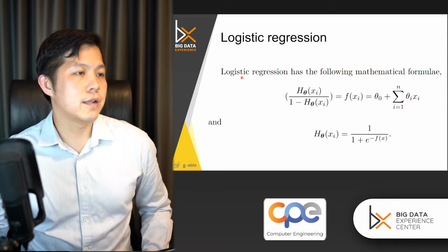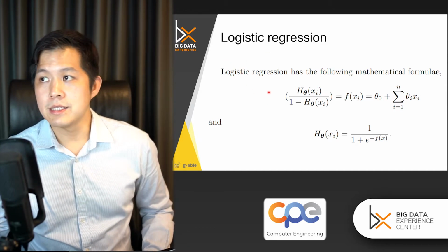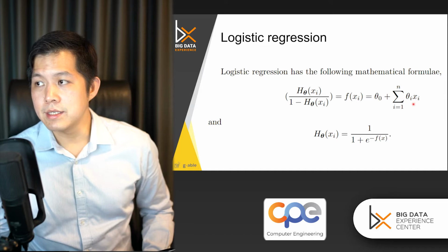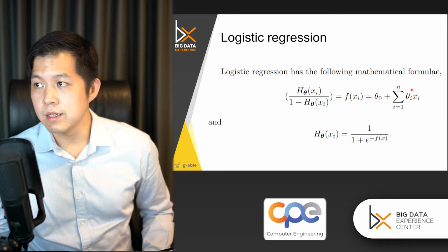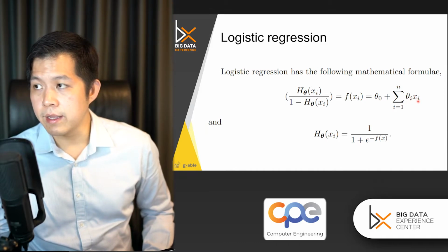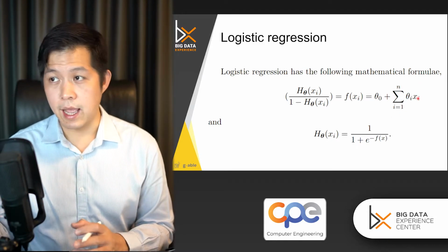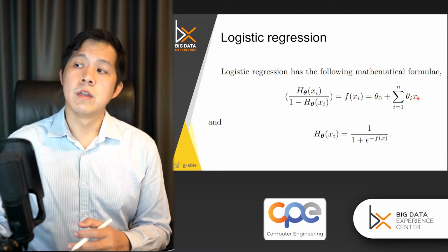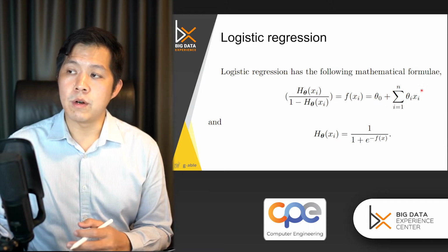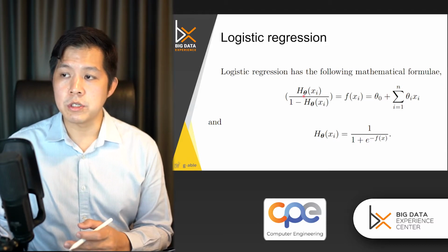So we can explain logistic regression has this formula. This is the line equation, theta 0 plus the sum of theta i x i from i equals 1 to n. And instead of having just this line equation alone, we can associate the output of this to a proportion.